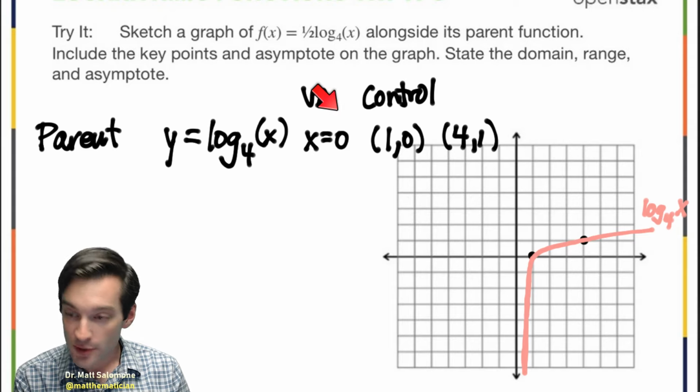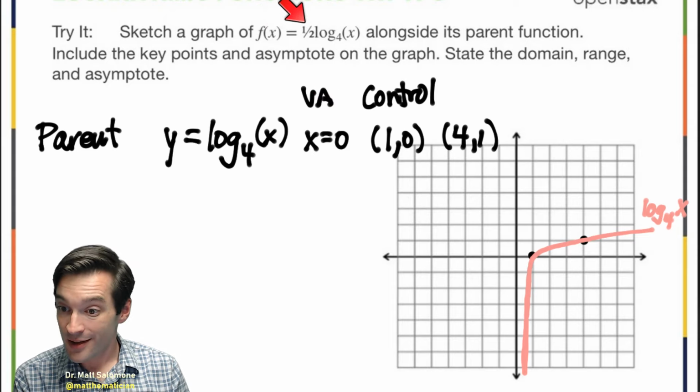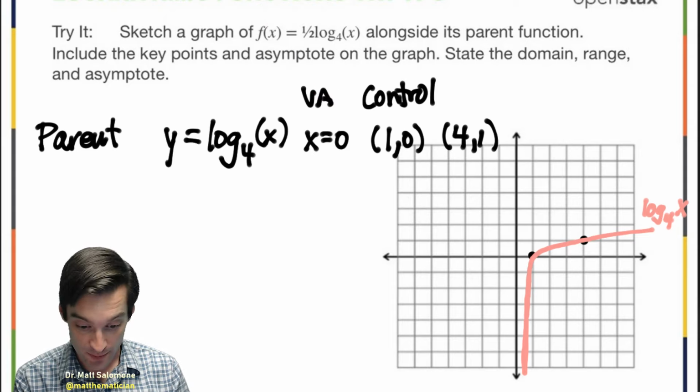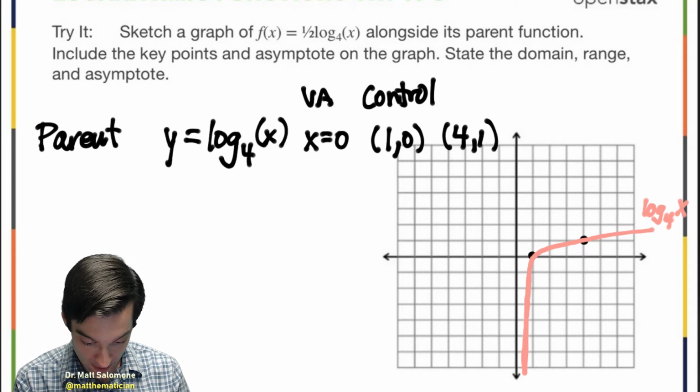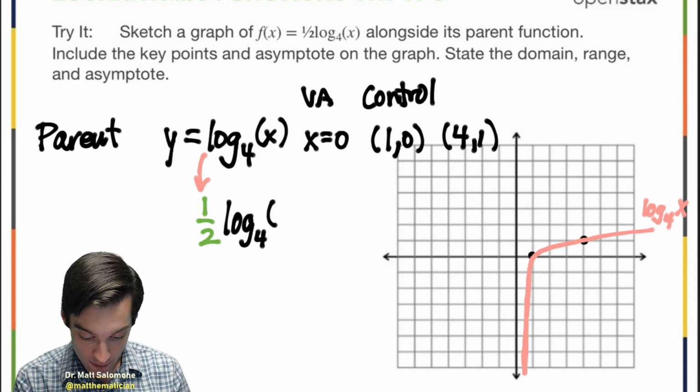Okay, so what do I have to do to turn my parent function into this function? In this example, there's only one step to do, and that step is we're multiplying this function by 1/2 on the outside. So our new function is 1/2 times log base 4 of x. And we'll recall from earlier in the semester what happens when I multiply a function on the outside by 1/2.